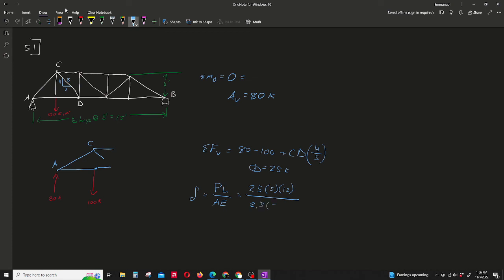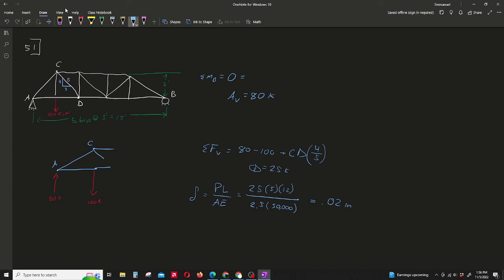And then E being 30,000 for steel. This gives us a value of 0.02 inches for elongation.